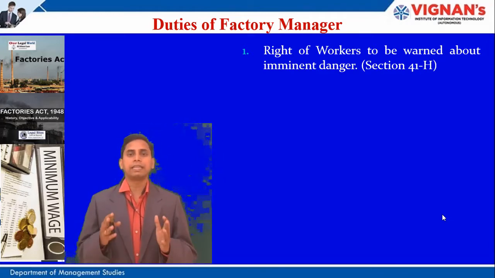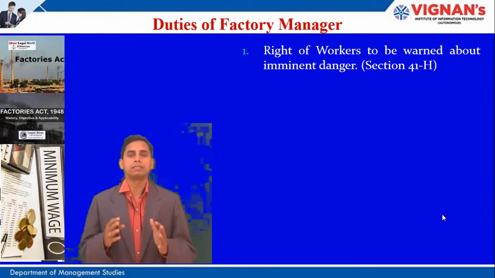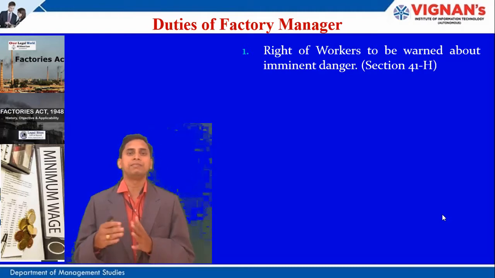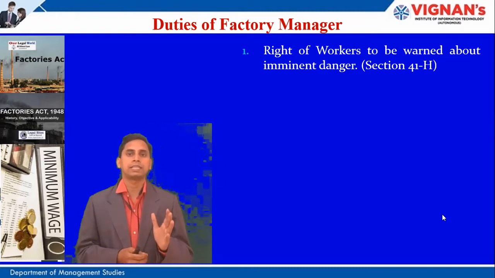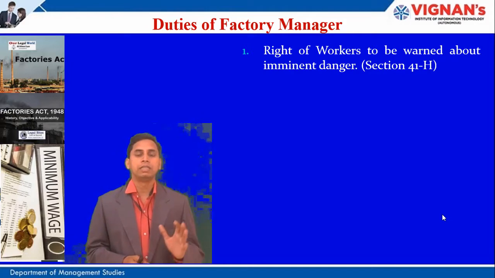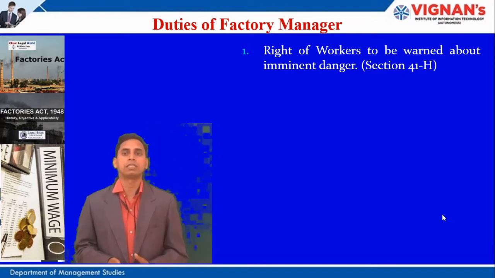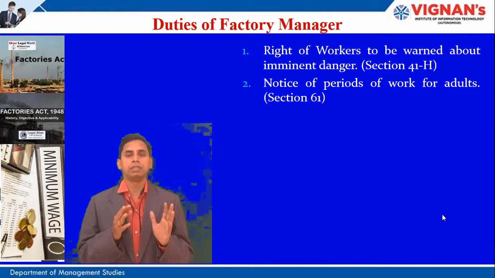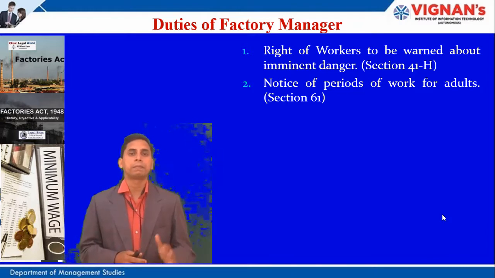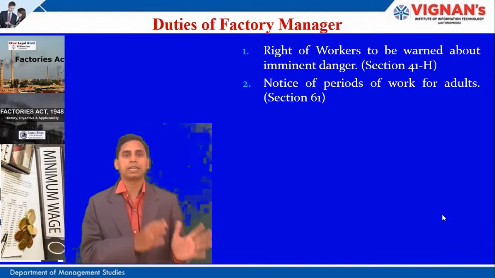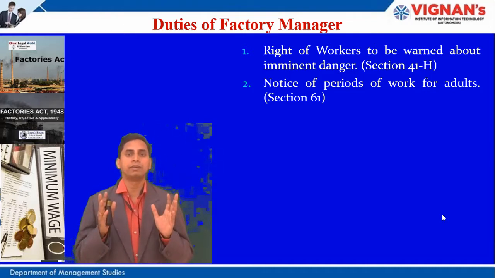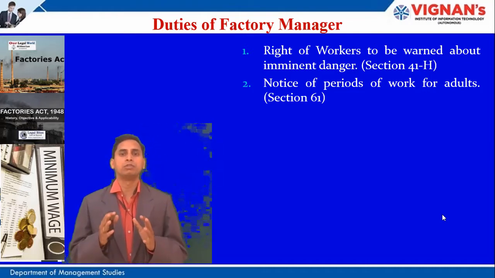In case of any dangerous situations or dangerous places where the employees are supposed to work, they must be informed. As per section 41H, it is the manager's duty to inform the workers about such danger. Also, notice of periods of work for adults: what time to what time the adults must work, and how many hours of work the workers are supposed to do.